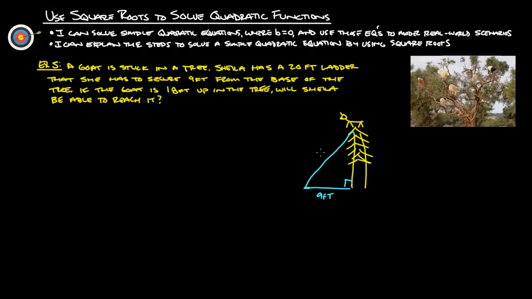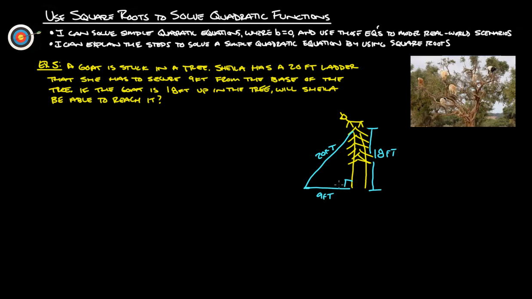And we know the goat is 18 feet up. From here to here is 18 feet. And she's got a 20-foot ladder. Is Sheila going to be able to reach that goat?